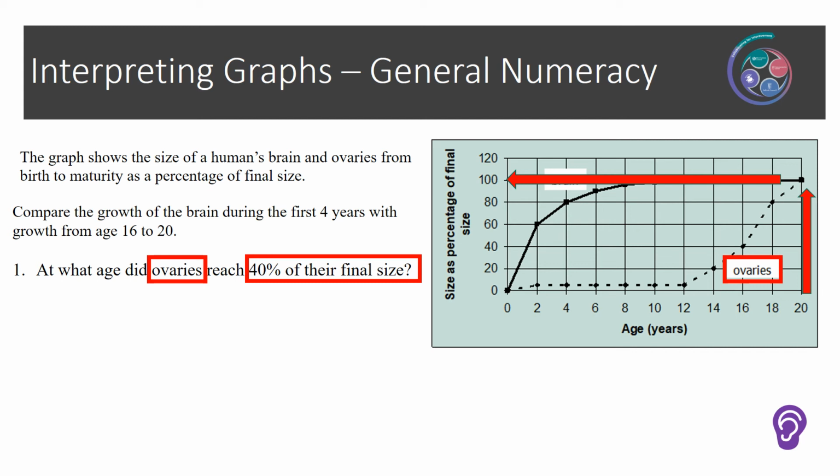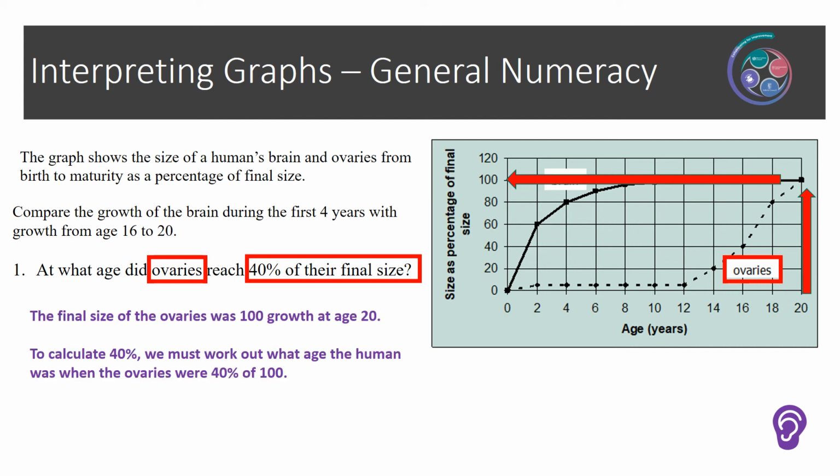I want to see the final size of the ovaries in order to calculate 40% of this final size. So I look at the last plot on this trend, and it is here at age 20, and I follow across to the y-axis to find out that it is 100. I have used arrows here to highlight this on the graph.